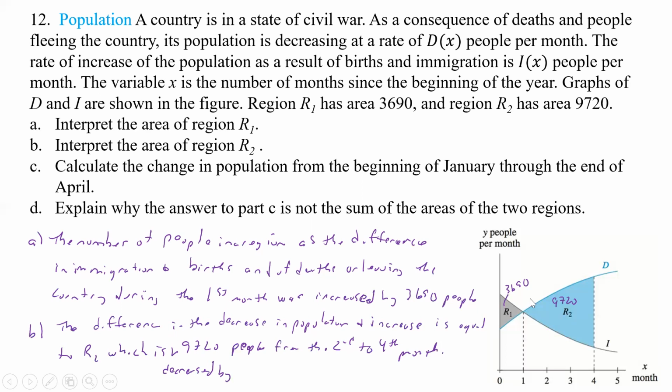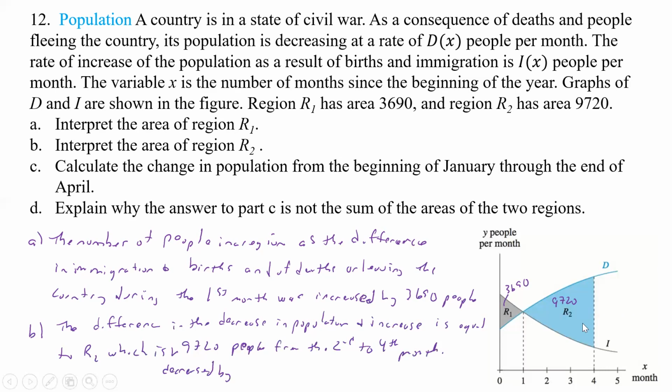All right, so that's kind of how you have to interpret graphs. Now, C, calculate the change in population from the beginning of January through the end of April. So January, February, March, April. So that's the whole thing. Let's write that down. For C, we're going to go from 0 to 4, and we're going to take I of x minus D of x dx.